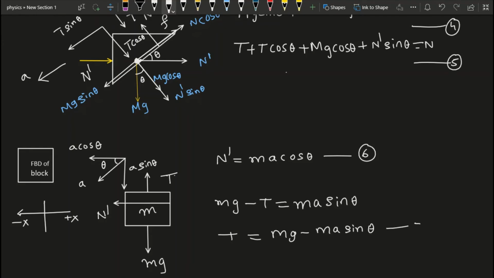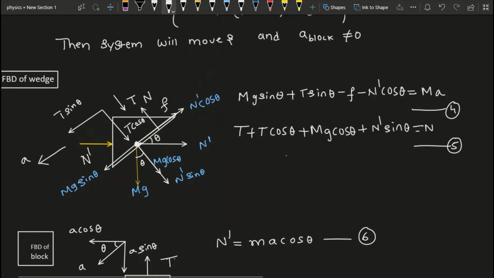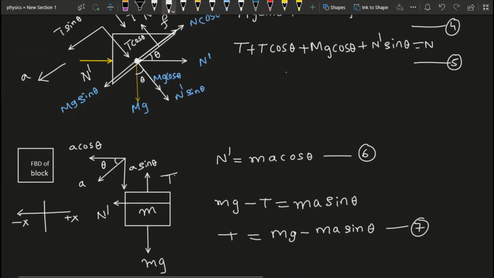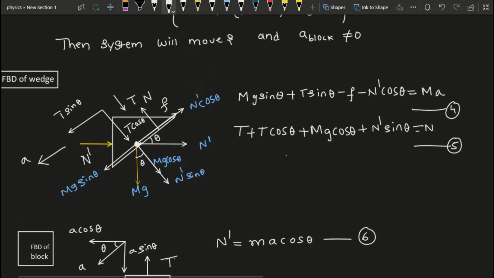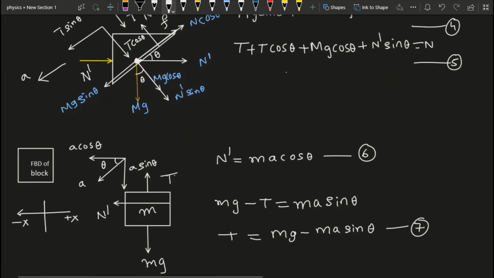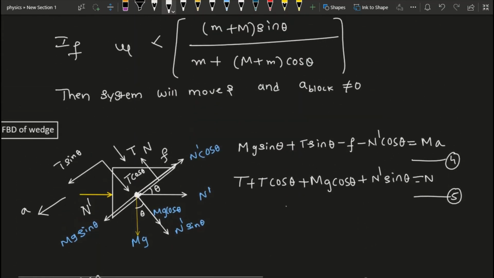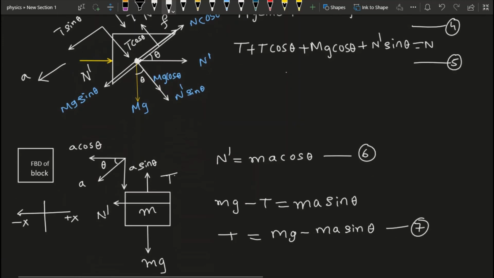So this is the equation 7 we are getting. So we got the tension also now. Now what we have to do? We have to solve equation 4, equation 5, equation 6, equation 7. So these are 7 equations. It will be a little bit tedious job, but we have to solve to get the answer for this problem, because it is a challenging problem.